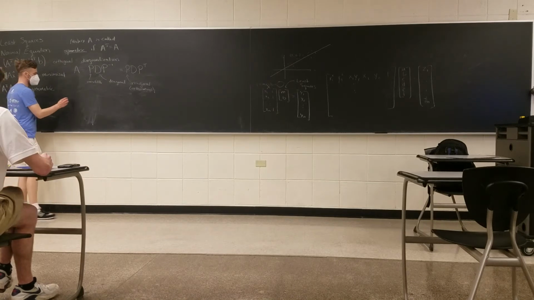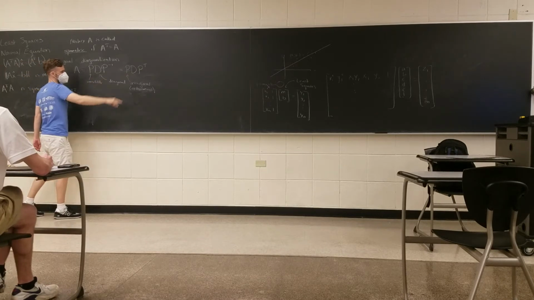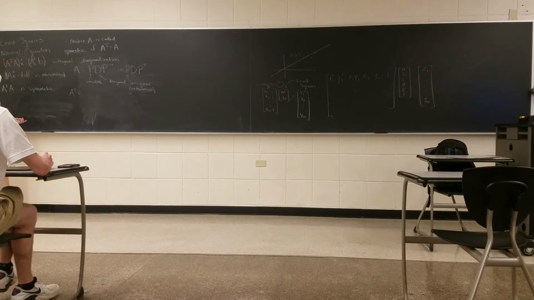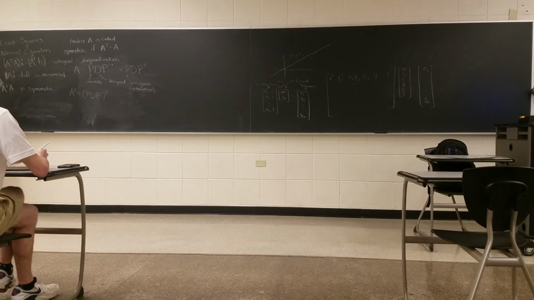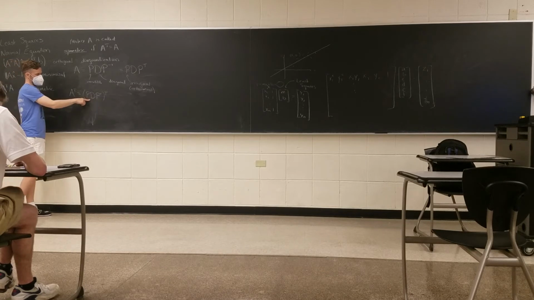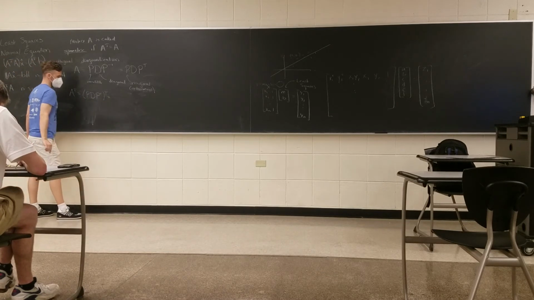Well, if we take a transpose of an orthogonally diagonalizable matrix, it has another form: if A = PDP transpose, then its transpose is equal to P transpose, transpose, D transpose, P transpose.